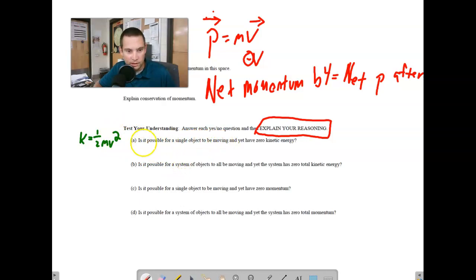So can it be moving and have zero kinetic energy? If we have 0 here, then either it's got to have 0 mass or 0 velocity. I'm going to put a big no on that.